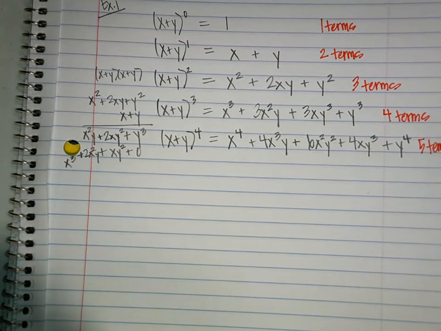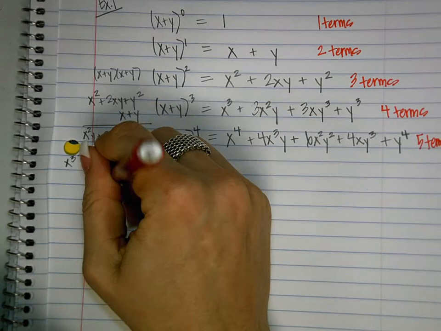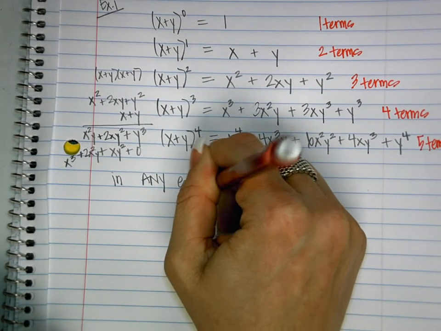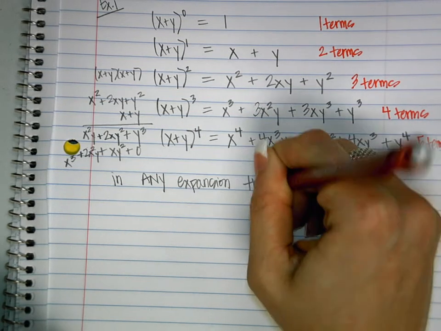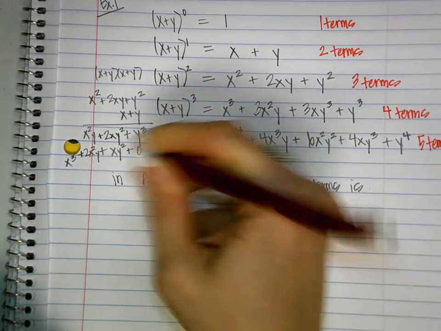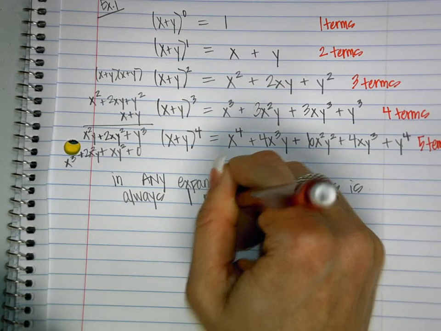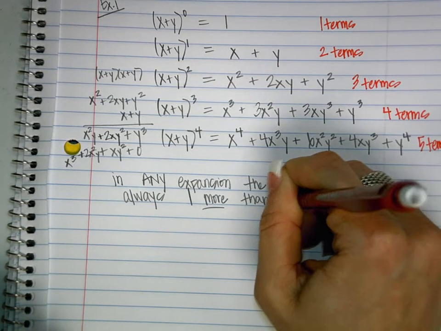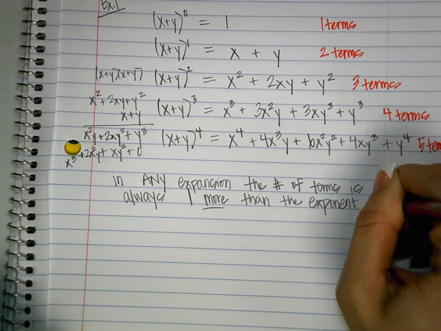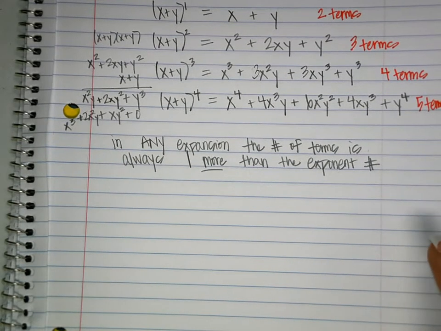Exactly. In any expansion, the number of terms is always one more than the exponent number.